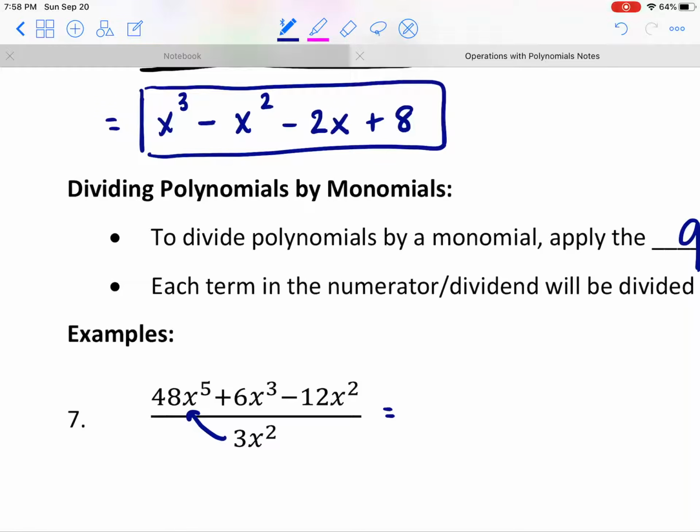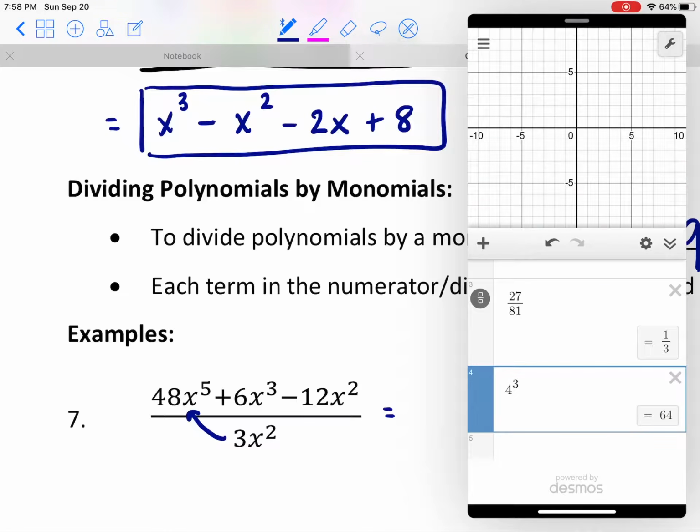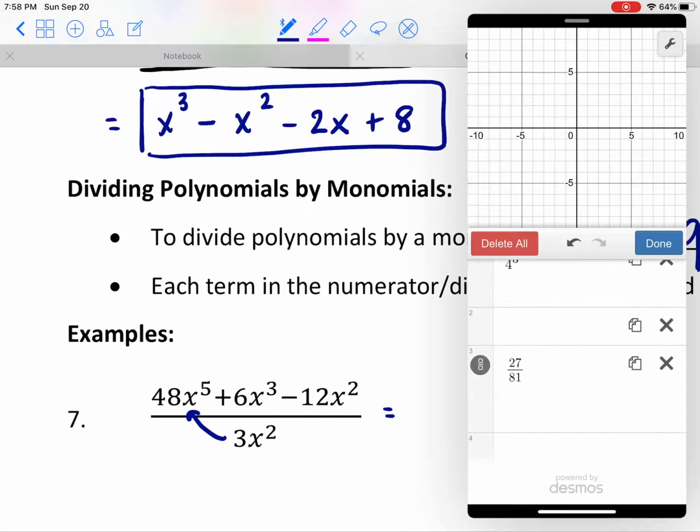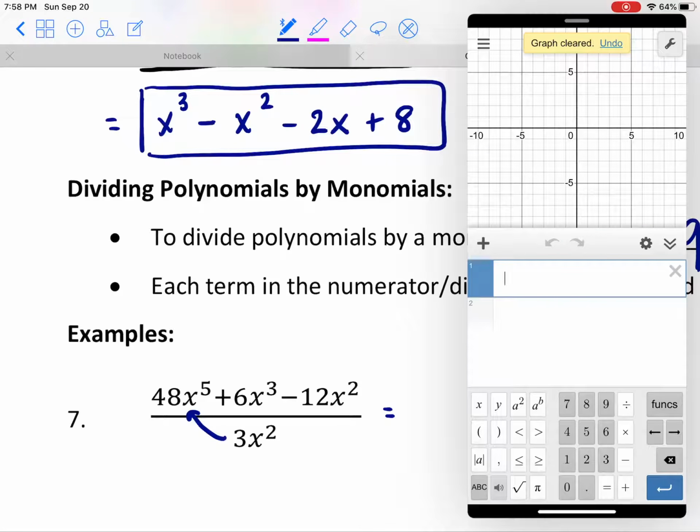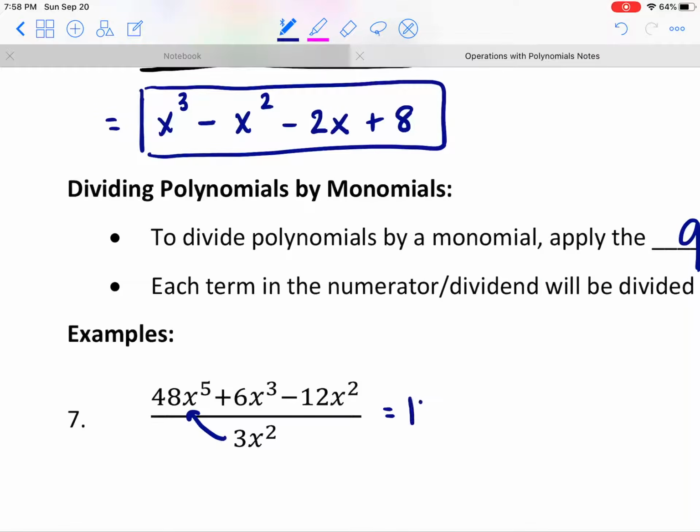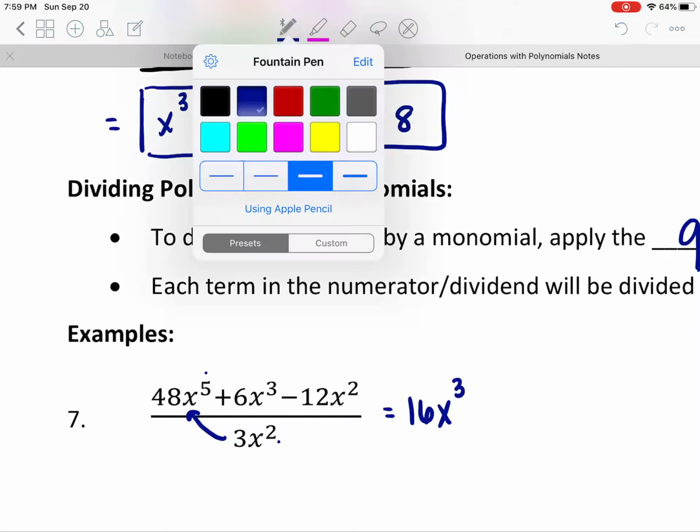48x to the 5th divided by 3x squared. So 48 divided by 3, and remember you have a calculator, so don't freak out if you're not so good at dividing quickly in your head. 48 divided by 3 is going to be 16. So we're going to have 16x to the 5 minus 2, which is 3.